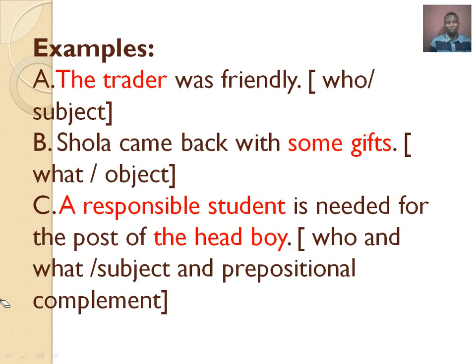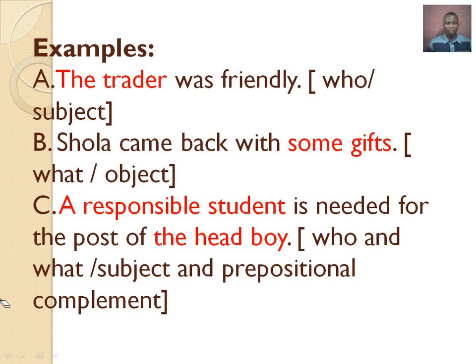A. The trader was friendly. Now the parts written in red are the noun phrases. The noun phrase in example A is the trader. The trader answers the question who. Who was friendly? And believe that you have answered that question yourself. And the answer to the question is the trader.